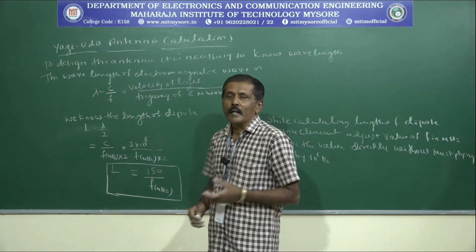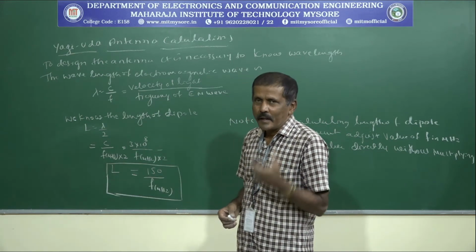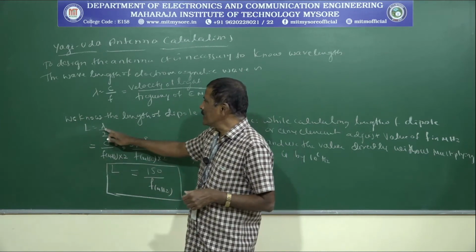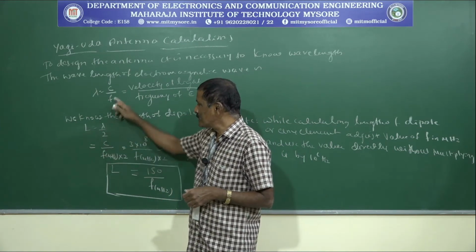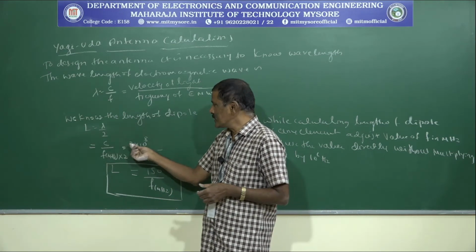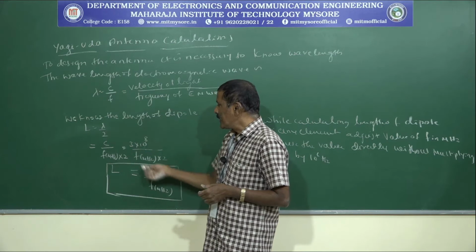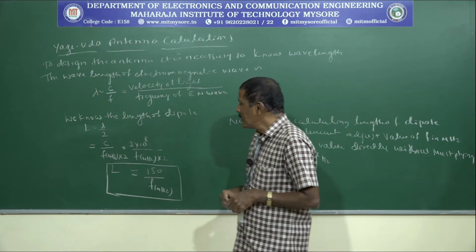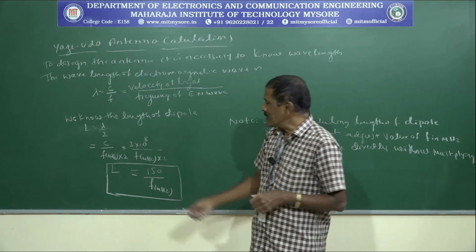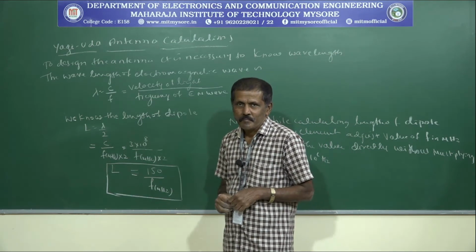You know that the length of the dipole in the Yagi-Uda antenna is lambda by 2. Substituting lambda equals c by f, and the value of c, this is equal to 3 into 10 to the power of 8 divided by f into 2, and this is equal to 150 divided by f, where f is in megahertz.